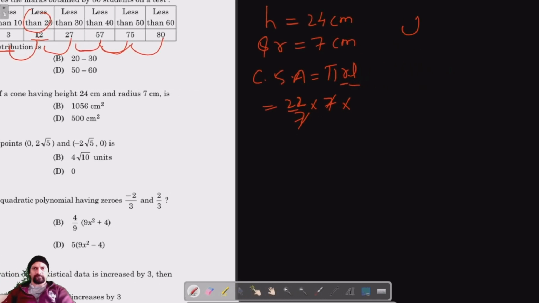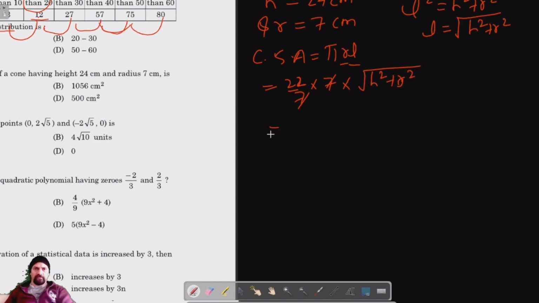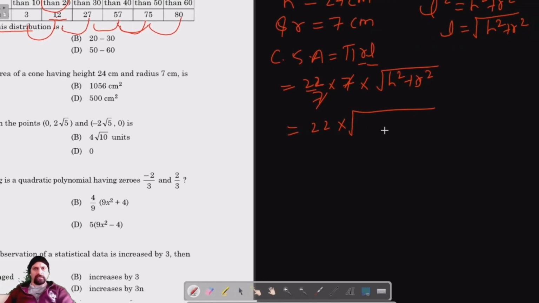Now l square is equal to h square plus r square, and l is equal to under root of h square plus r square. So this is 22 into under root of height 24 square plus radius 7 square.